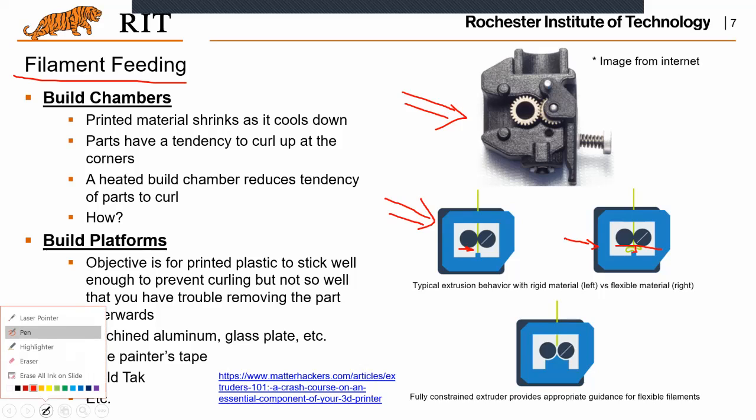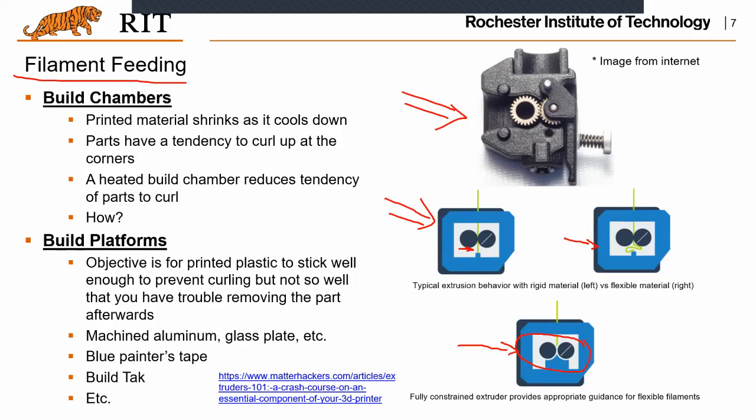Therefore, a better solution for this kind of feeding setup would be to directly connect this part to the hole. That will solve this problem. Basically, you just minimize the distance, and this is a better design for feeding these flexible filaments. All right.